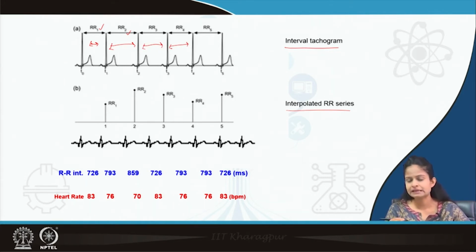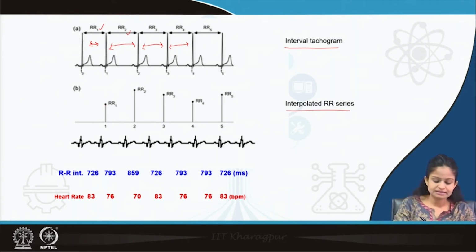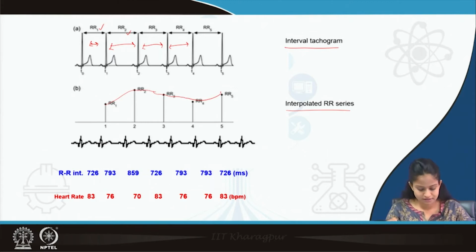So, we have varying durations of RR intervals. This is the interval tachogram, and if we interpolate this RR tachogram, we will get a wave like pattern. This we will discuss further in slides.